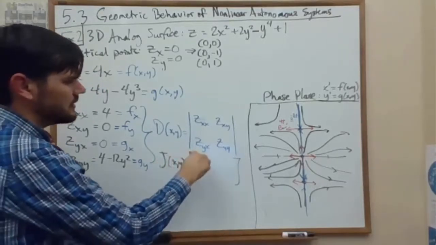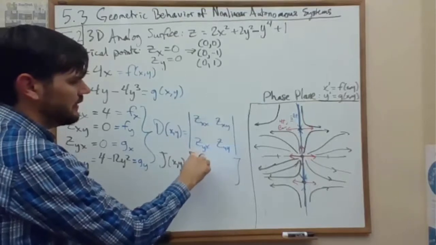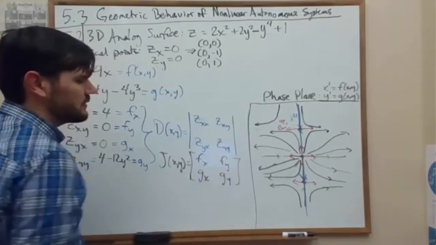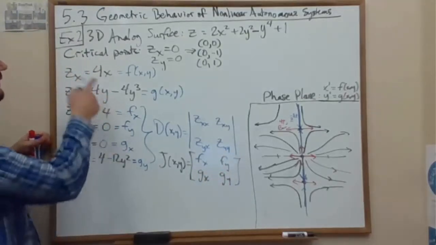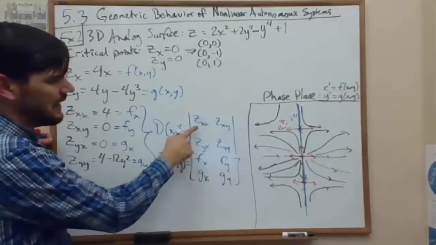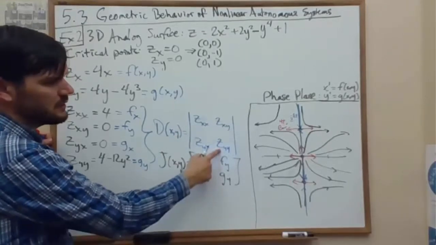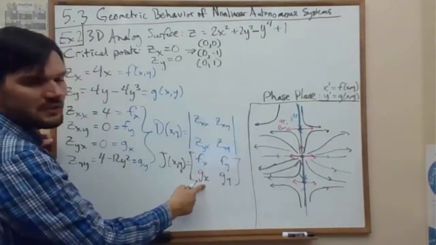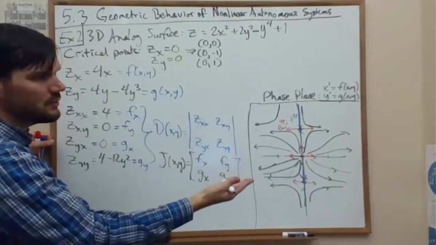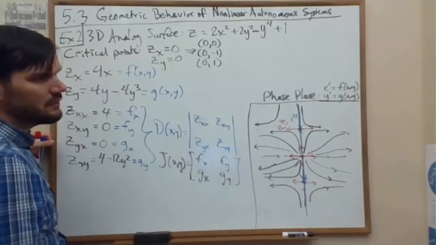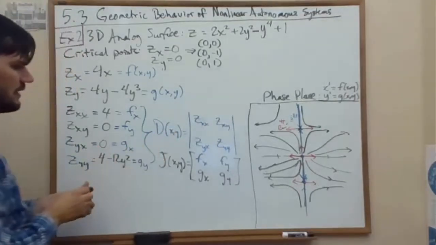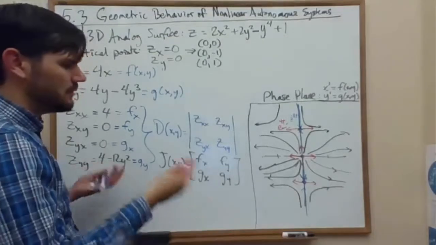So the Jacobian gives us x partial of f, y partial of f, x partial of g, y partial of g. Again, f refers to the x partial, g refers to the y partial, which means f sub x is really z sub xx, g sub y is really z sub yy, and f sub y and g sub x are the mixed partials, which must be equal if there's an analog surface to our differential system. Okay, so when we compute the discriminant, we're going to get something very similar to the Jacobian we just got.